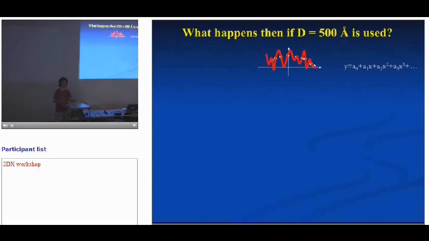In the same way, in the lattice line, if you use too large an envelope function, you're going to see a lot of modulations in your fitting.